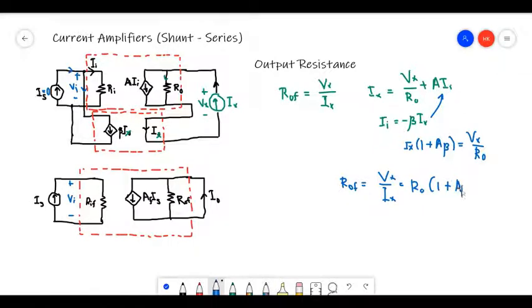So you can see that due to that series sampling, the output resistance of the closed loop amplifier has increased by a factor of 1 plus A beta.